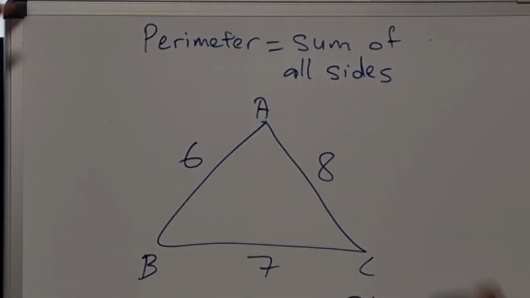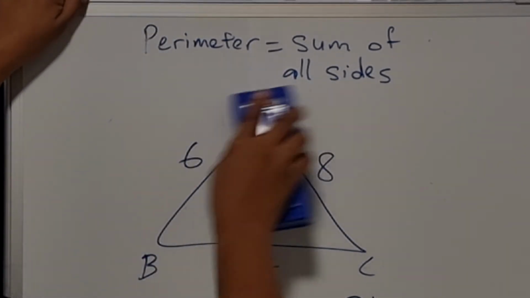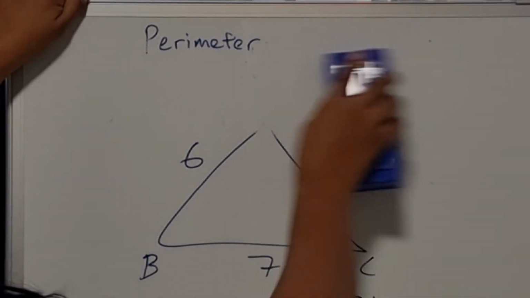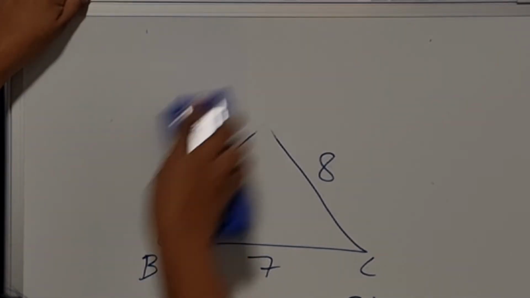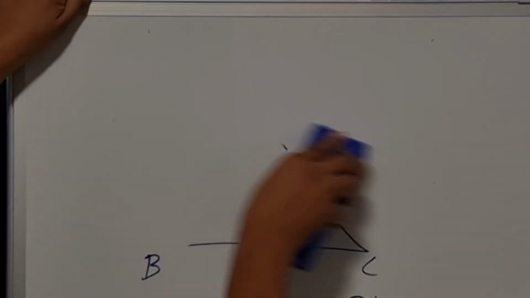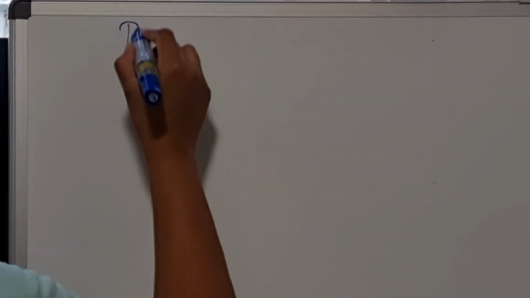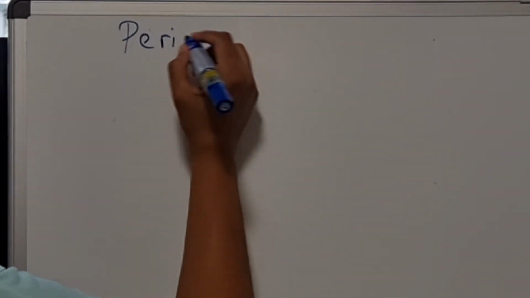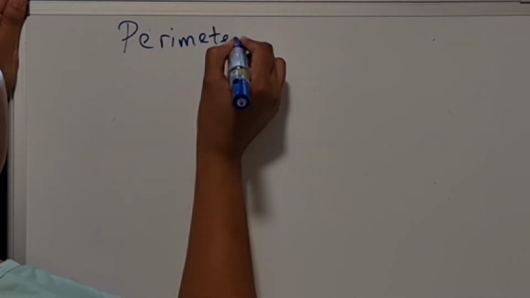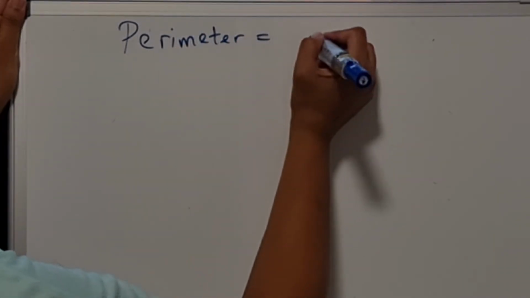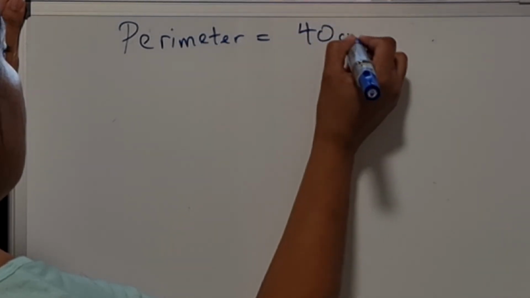Okay, so let's say they give you the perimeter. Let's say you have a problem sum. They tell you perimeter is 40 cm.